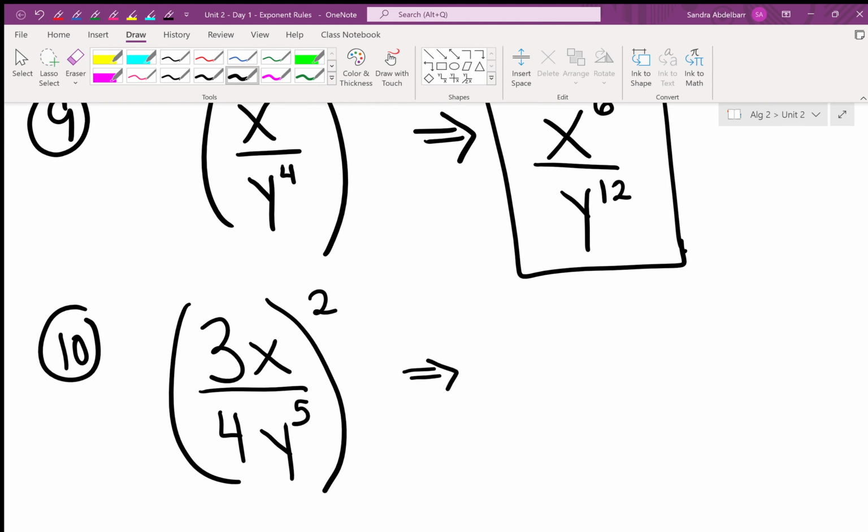Right, the numerator gets that exponent, the denominator gets that exponent. So we have 3x raised to the second power. What is 3x raised to the second power? 9x squared. What about 4y to the 5th raised to the second power? What's that going to be? Excellent, 16y to the 10th.